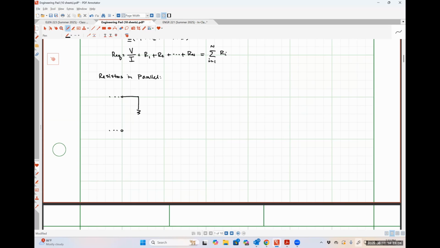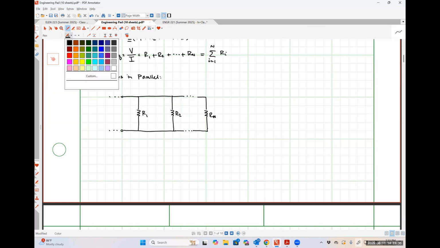So here's going to be some resistor R1. Here will be some resistor R2. And then out here will be some resistor R sub N. Let me close my network down here on the bottom like so. And so this is the system that we're looking at.